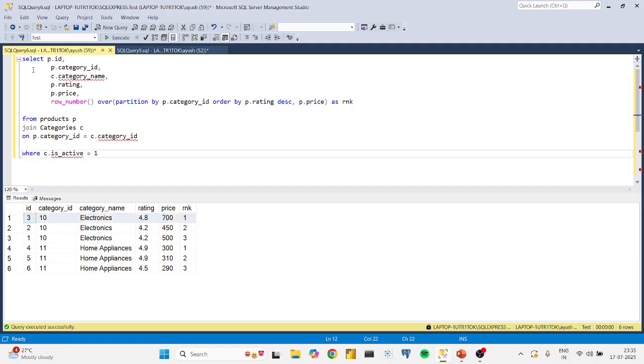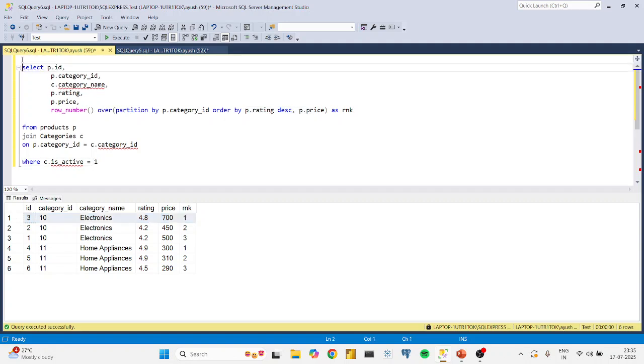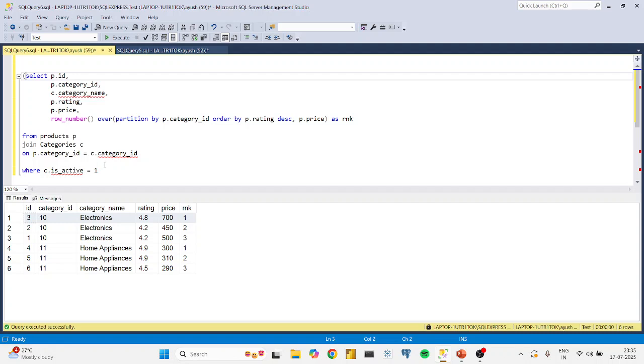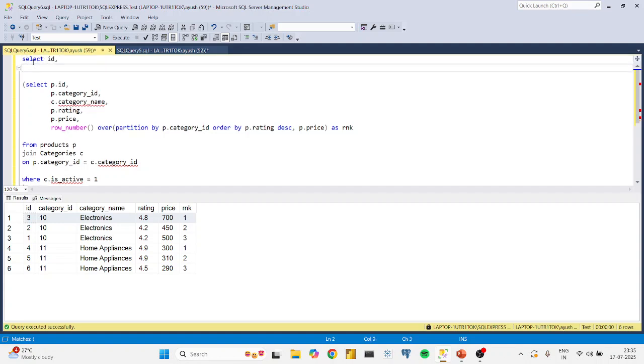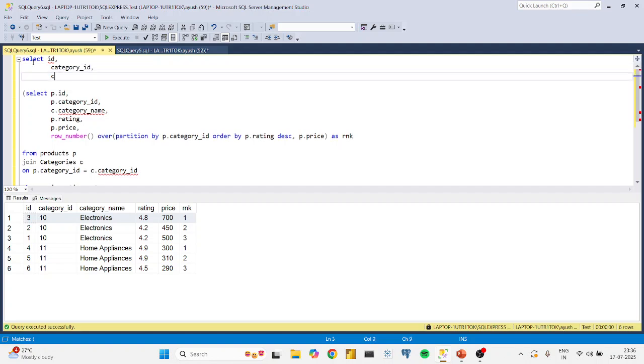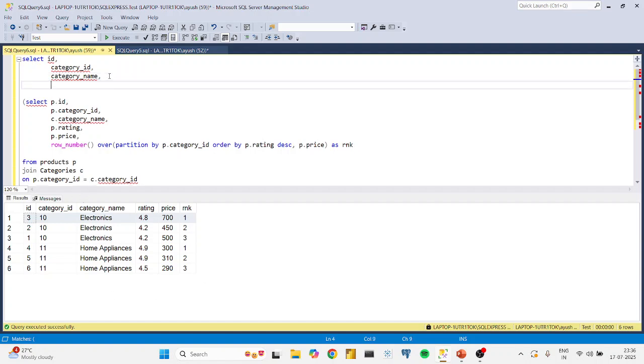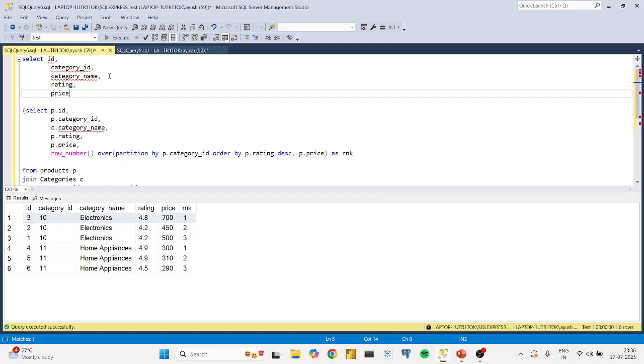So what we can do is leverage a subquery here, and we can parenthesize it and give it an alias, let's say t. What we need is id, category id, category name, because from this table only we are going to need it, and we are going to need rating and price.